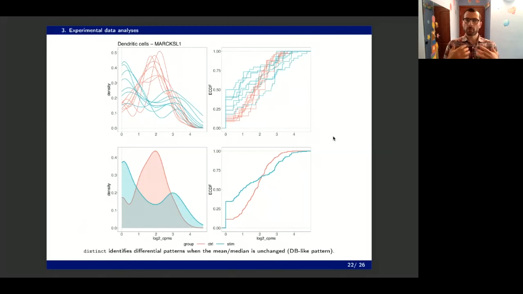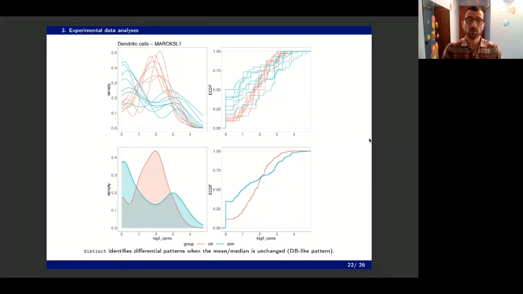You can see, or at least I want to highlight 2 things. First is that this is, I think, a very clear pattern. If you look here, you see that all the red curves, which are controls, are above the blue lines in the center and below on both sides.